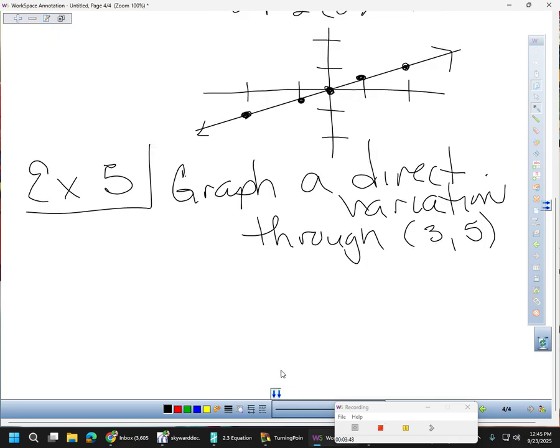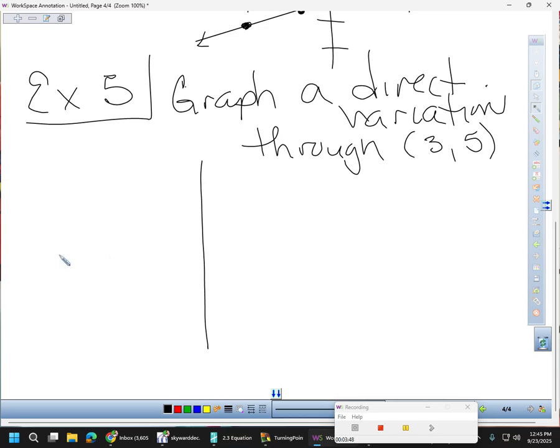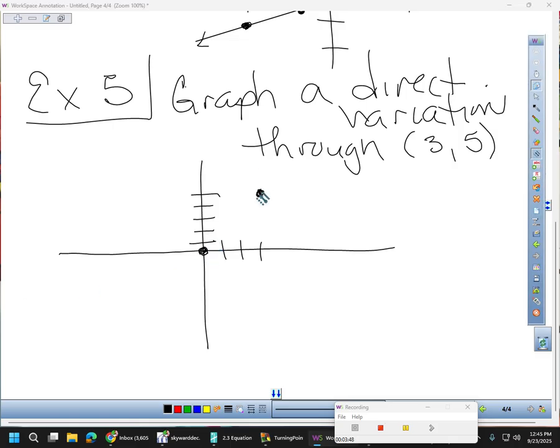All right. So let's go with point 1, 2, 3. 1, 2, 3, 4, 5. Okay, we need to know it has to go through there. What other point does a direct variation have to go through? 0, 0, absolutely. I put 0, 0, and I'm going to ask you to connect the dots.